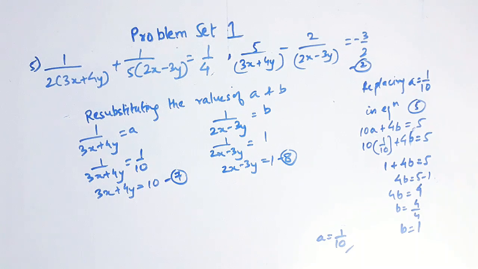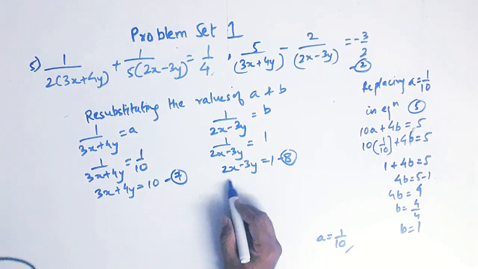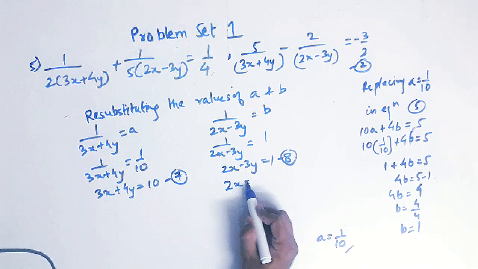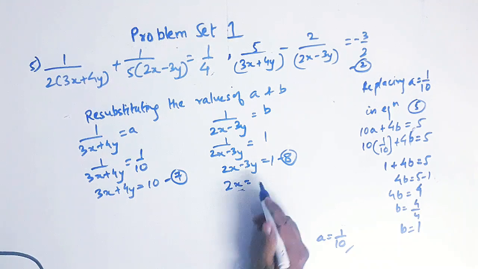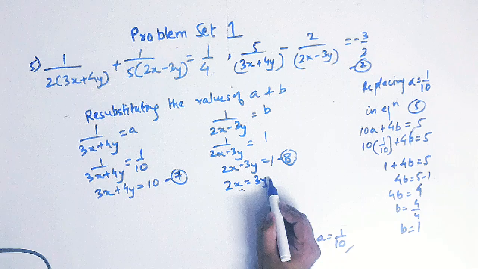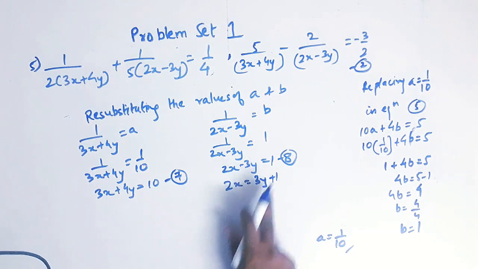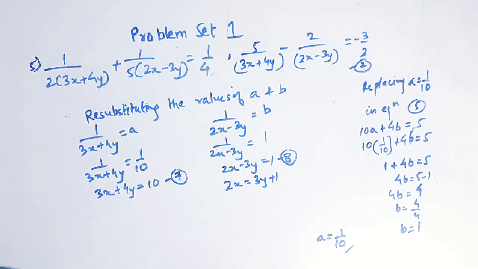Now we want the coefficients to be equal. Or rather, we have done the elimination method, so this time I'll do it with the substitution method. Let us keep x apart. 2x is equal to 3y plus 1, minus 3y moves there, it becomes plus 3y.